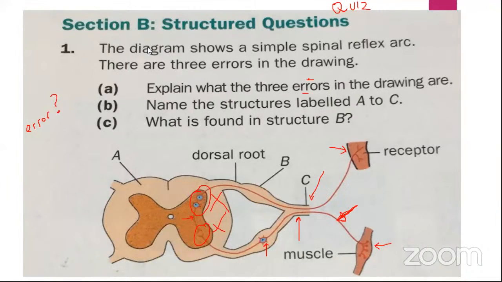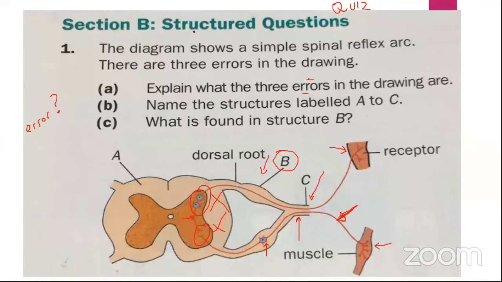I'm seeing Michelle says, please show us the structure. The structure is very clear here. This is what is found in structure B. That is what the question is saying, if you can see what is on my screen.